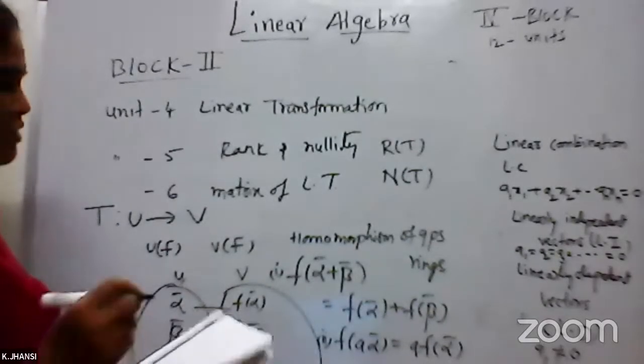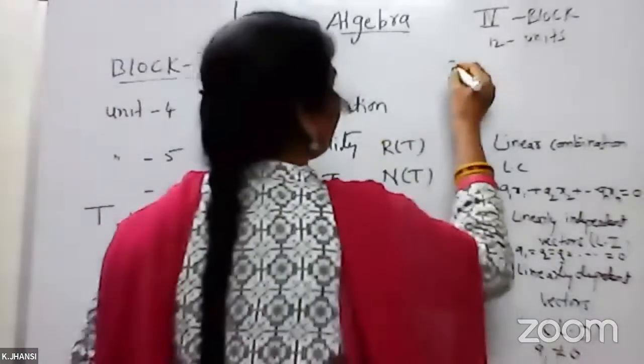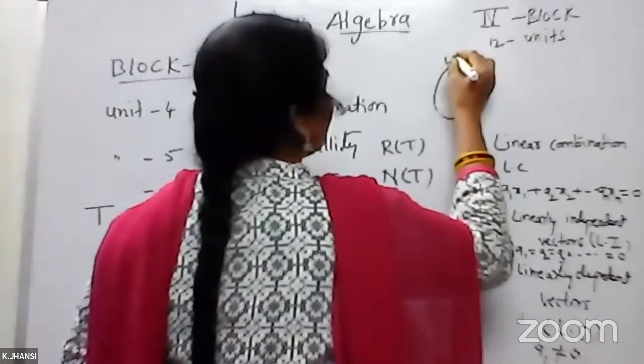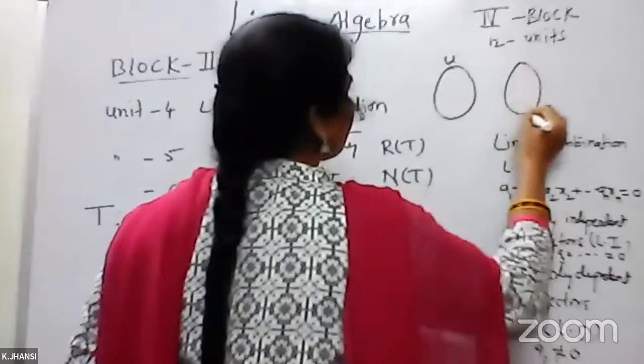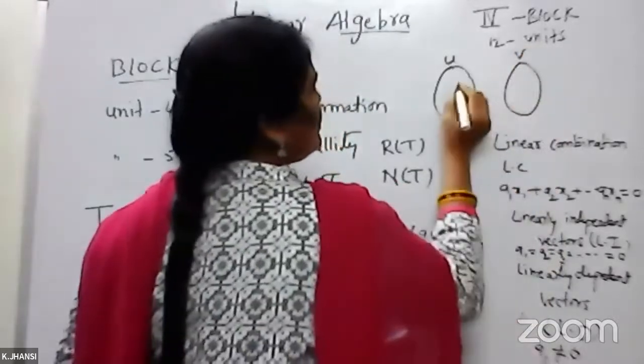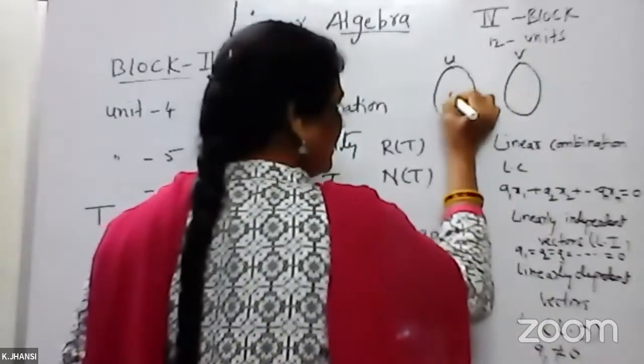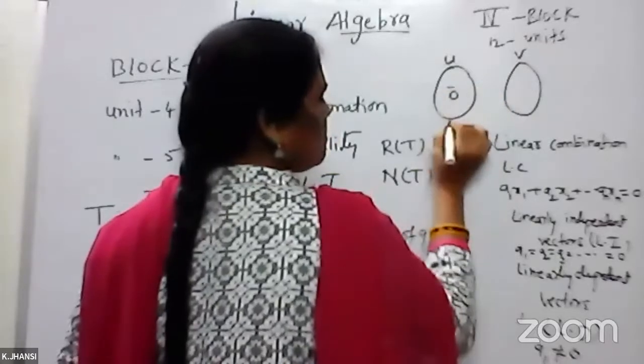And you see here U and this is V. So in this, whatever vectors are there, you will have the zero vector, zero bar.